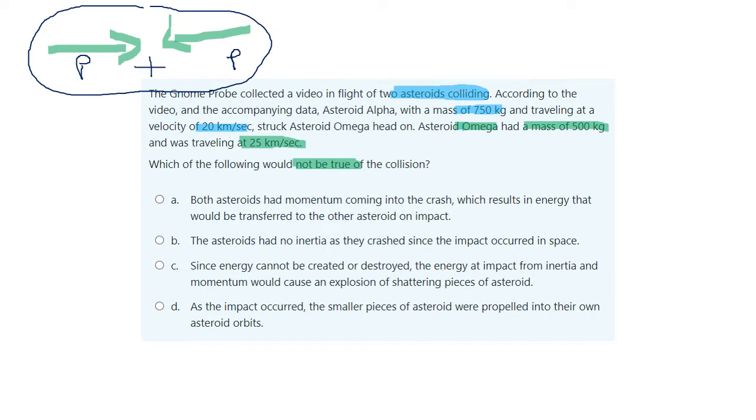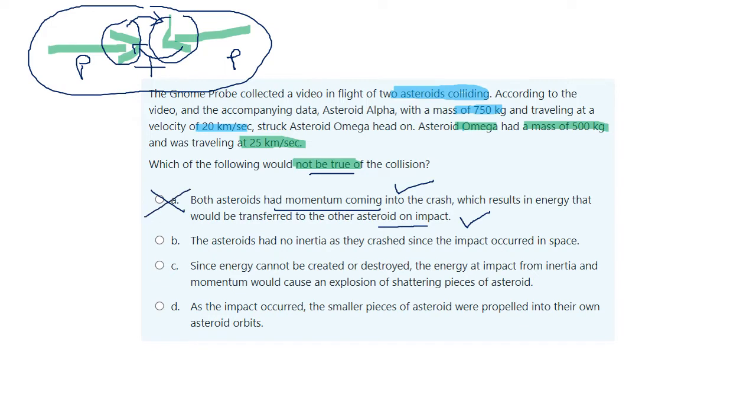So both asteroids had momentum coming into the crash is true. And that results in energy that will be transferred to the other asteroid on impact. We have two asteroids that are coming together. This one will be hitting this. This one will be hitting this. They will both be getting energy from each other. This is true. And we're looking for the answer that is not true.